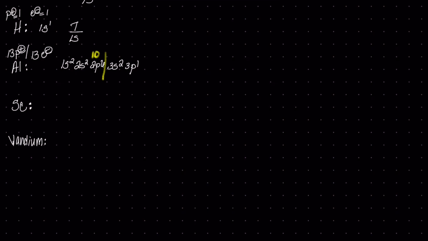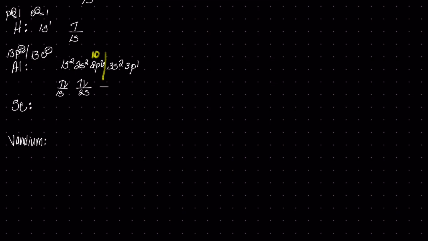All right, so now all we gotta do is build the house. And the house will look something like this. So I got 1s, then I got 2s, now I got 2p6.